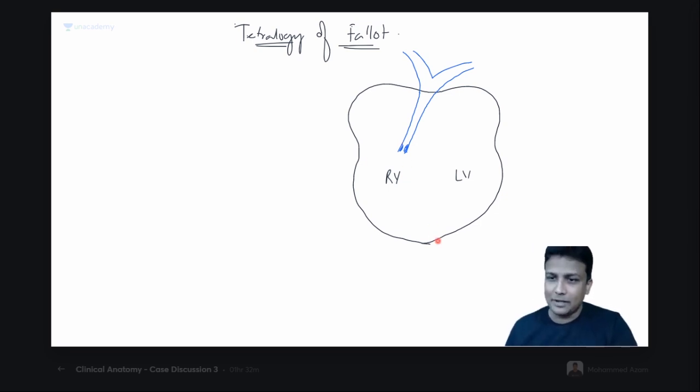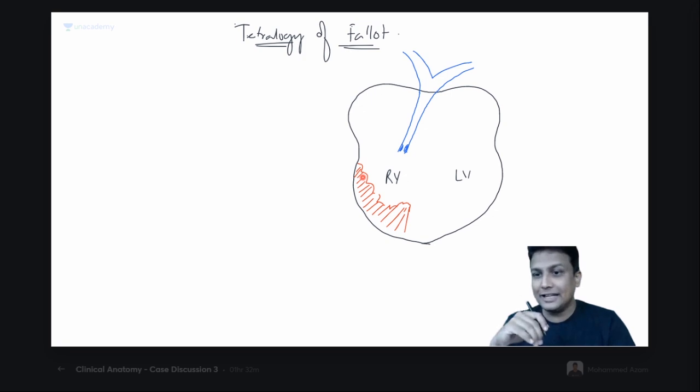Because of that, the wall of the right ventricle will undergo hypertrophy. So there will be right ventricular hypertrophy. There'll be concentric right ventricular hypertrophy on the inner side, guys, not on the outer side of the heart. So please don't say that the heart size is going to increase. That's an important thing.